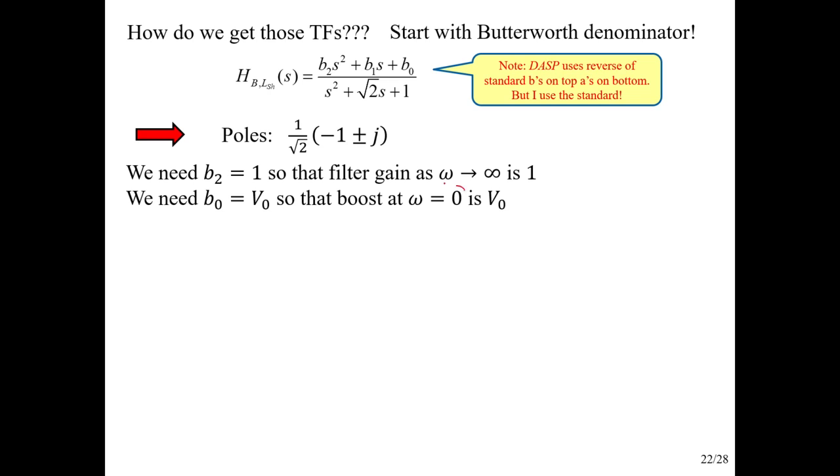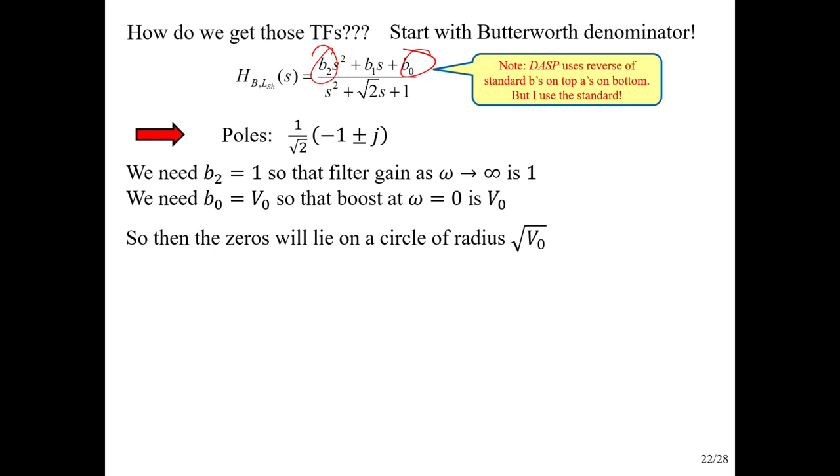We also need B0 to be equal to V0, and we can see that because as we go to omega equal to 0, that means all the s terms go away. We end up with B0 over 1, and so if we want that to go to V0, we need B0 to be equal to V0. So we've nailed down B2 and B0, and now we know that the zeros have to lie on the same radial line, and they have to lie on a circle of radius square root of V0.